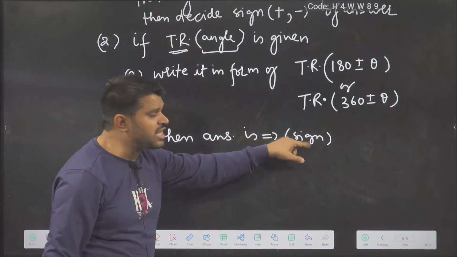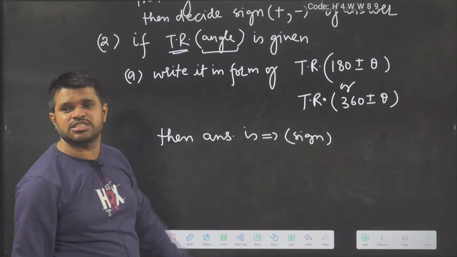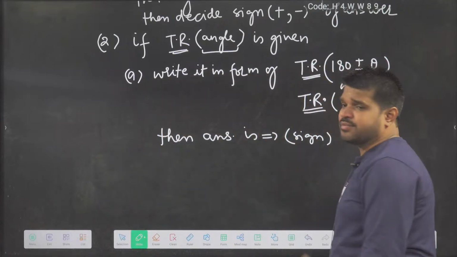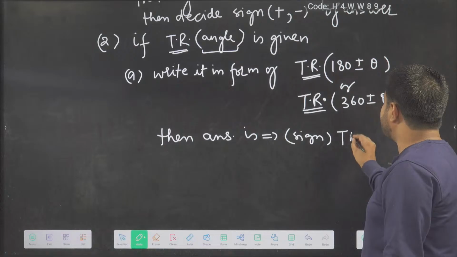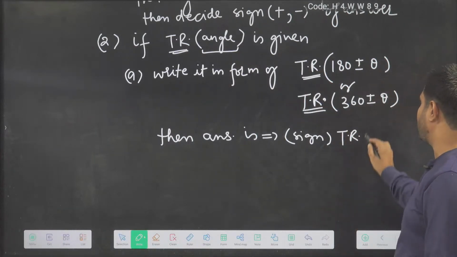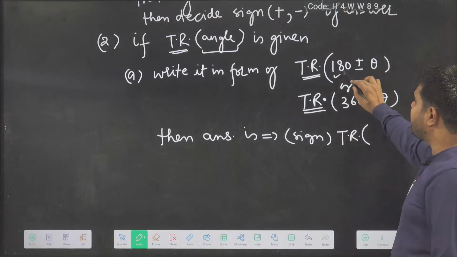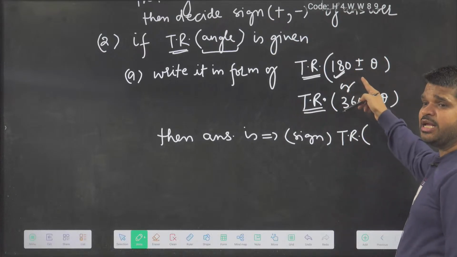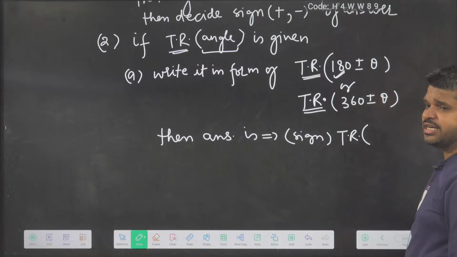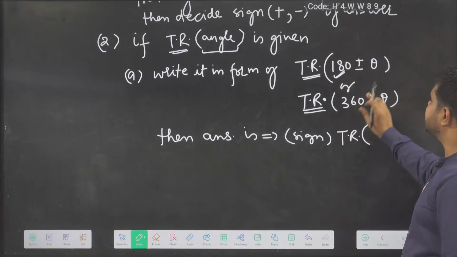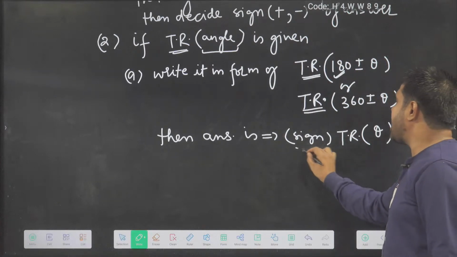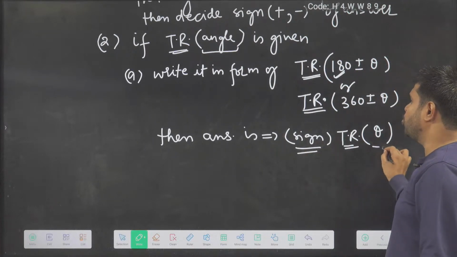Then whatever ratio is written here, you have to write the same ratio. If you have written it in the form of 180 plus minus theta or 360 plus minus theta, forget 180 and 360; whatever theta you have written, paste it. Okay, sine trigonometric ratio theta.